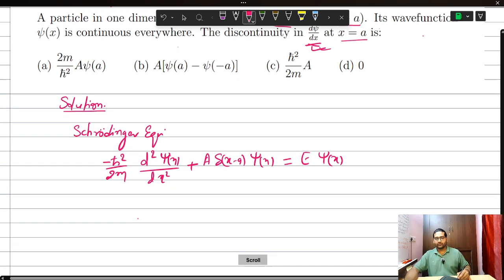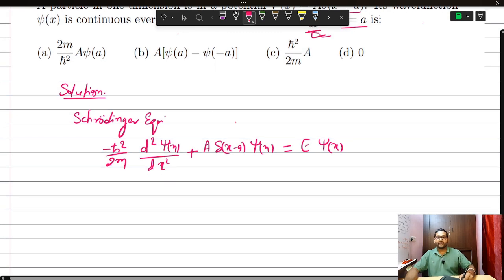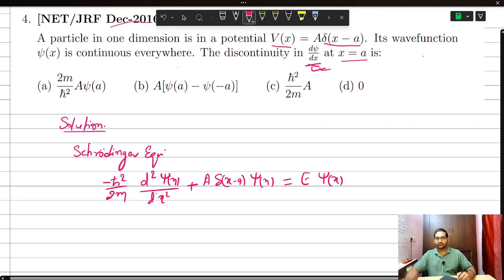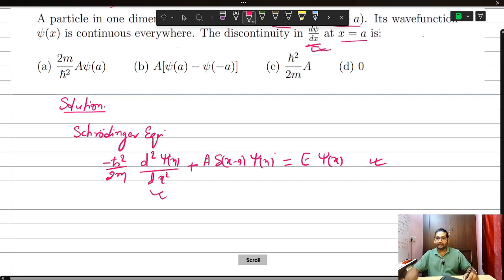Now we have to find the discontinuity in d psi upon dx, so from here we can get d psi upon dx. Now integrate this equation at x equal to a.